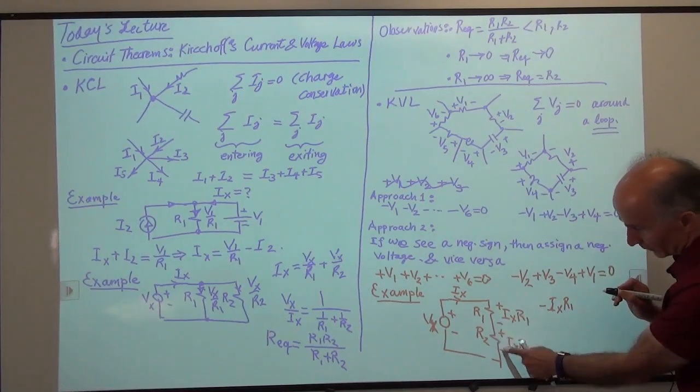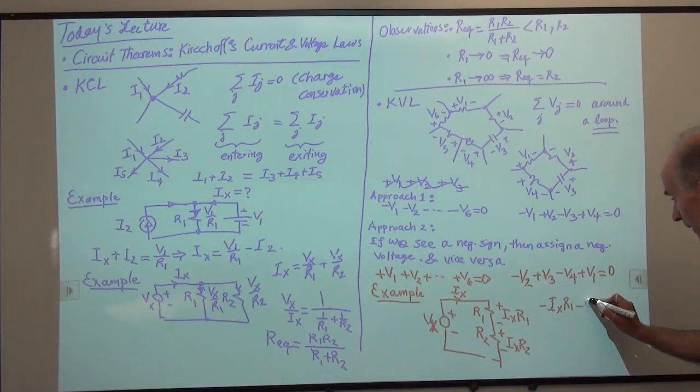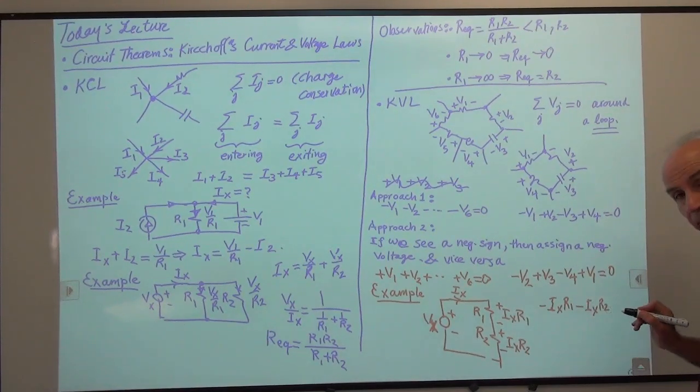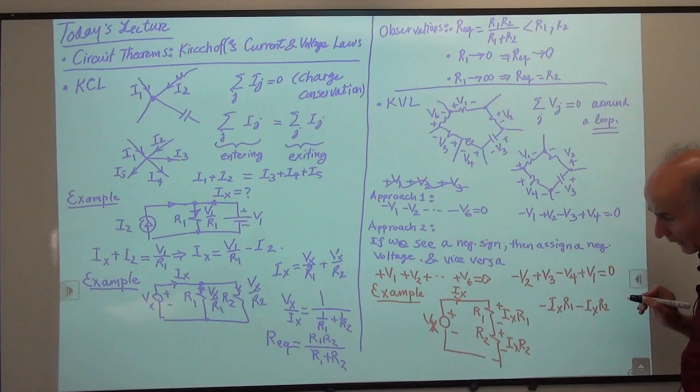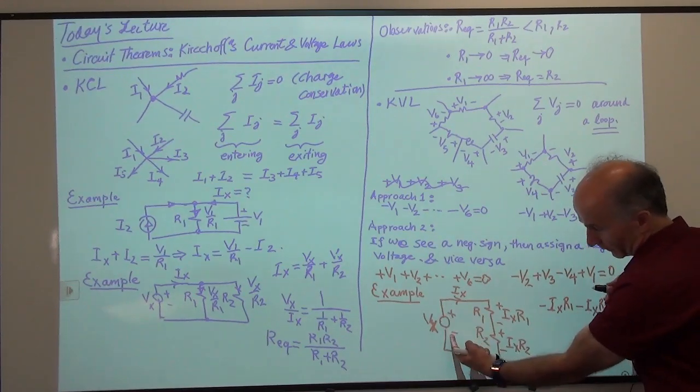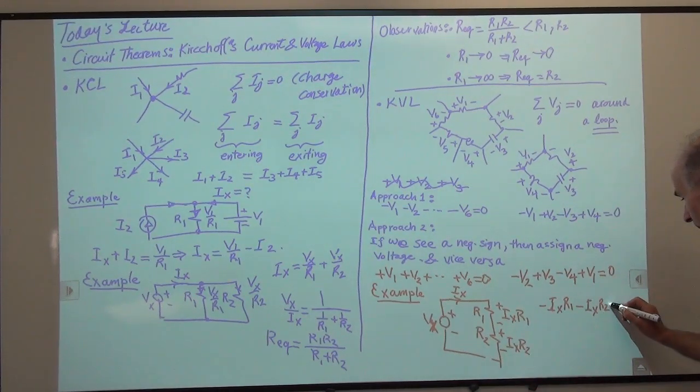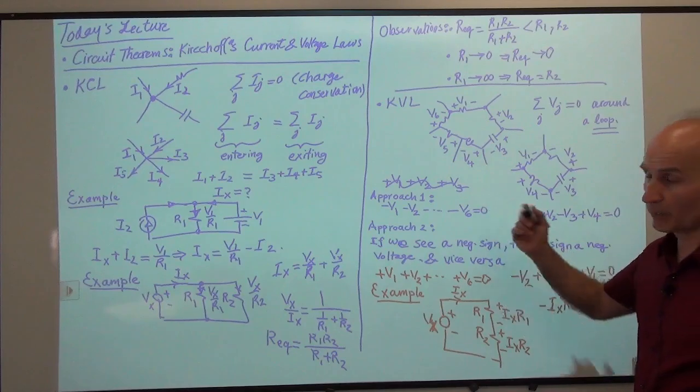Then I'm going down the potential, so again minus Ix R2. And finally, I'm going up the potential from low to high. So that would be plus Vx equals 0. All right, so that's applying approach number 1.